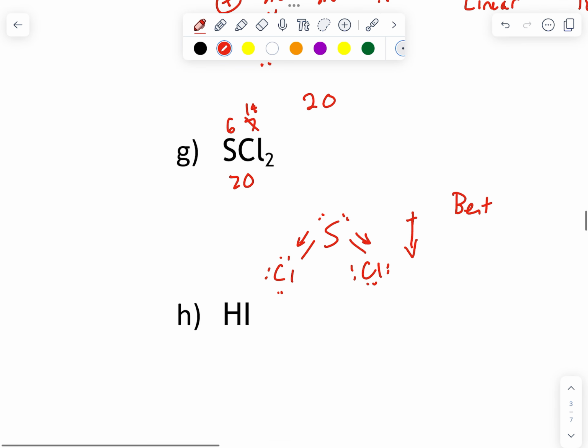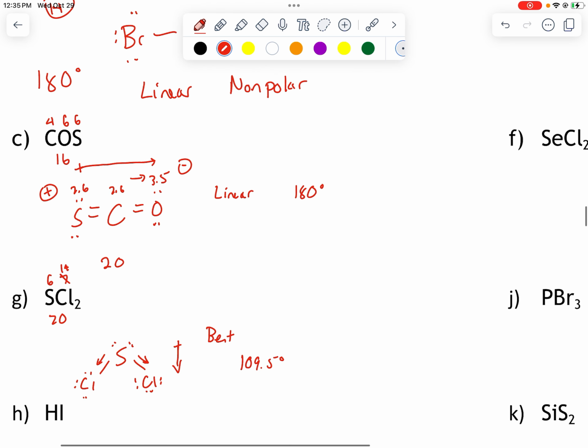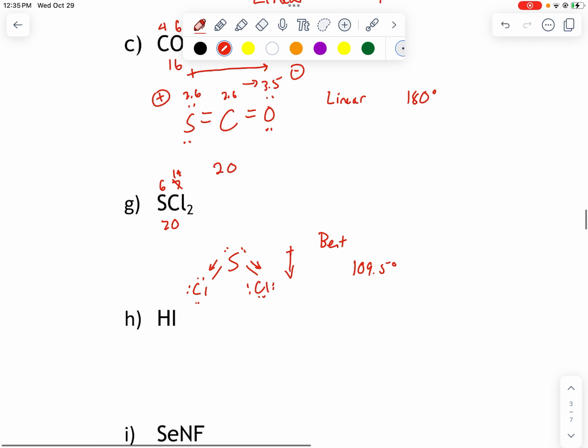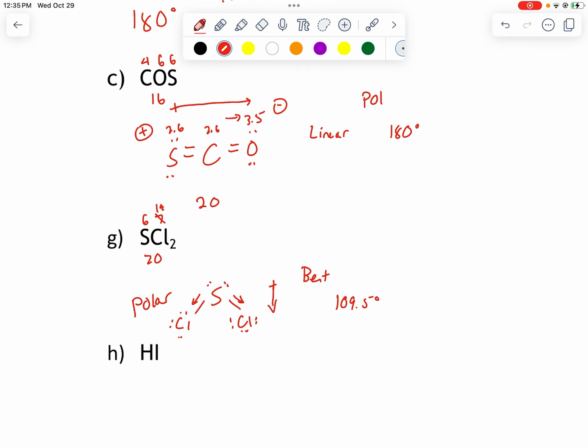So it's 109.5 angle. Got everything, bond angle. This is going to be polar. Sorry, I did not mention that on the previous one, but it should be known with that dipole that it's going to be polar. All right, I think we got it.